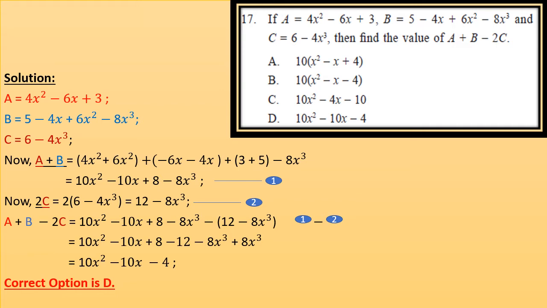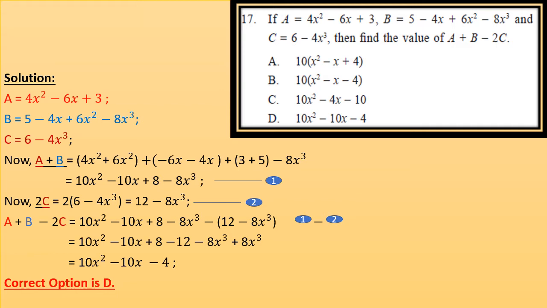Now 2C will be 2 into 6 minus 4x cube, which equals 12 minus 8x cube. This is our second equation. Now how we will get the value of A plus B minus 2C: by subtracting equation 1 and 2. So we'll subtract equation 1 and 2. 10x square minus 10x plus 8 minus 8x cube, this is equation 1, minus 12 minus 8x cube, this is equation 2.